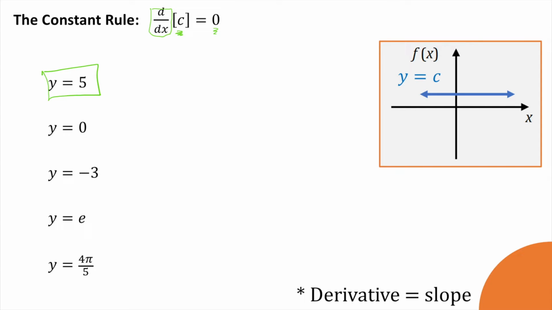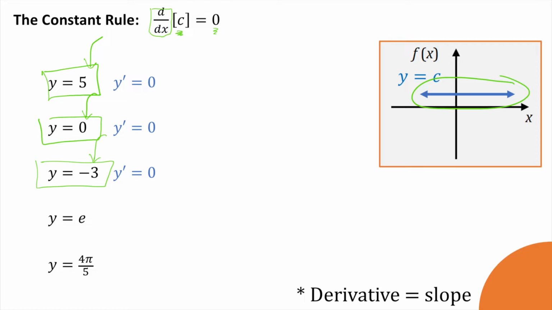All of these are just lines: y equals 0, y equals -3. They're lines at the height of whatever the constant is, yeah? And what's the slope of a horizontal line? 0. Always. So anytime you're taking the derivative of a constant, the answer is 0.